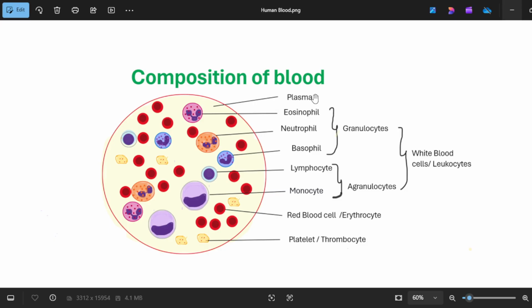We will see in detail what are the ingredients which are present in plasma. So in this plasma, all these cells, be it white blood cells, red blood cells or platelets, are floating. So they will be flowing in this plasma liquid and they will be reaching different parts of the body.